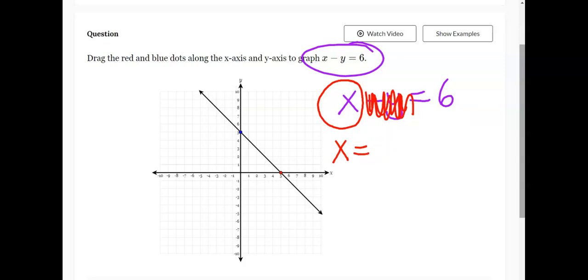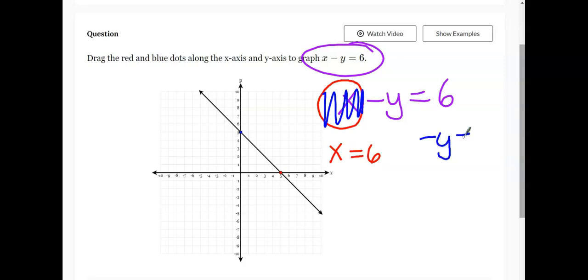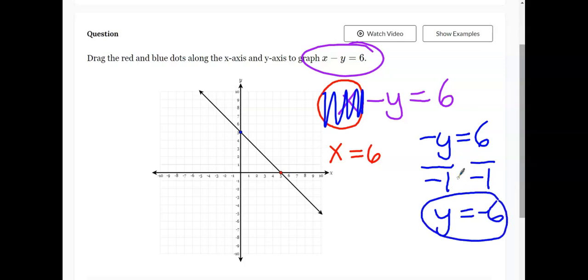And then for the other one, you're going to ignore the x value, and you're going to write the equation for y. Now sometimes you'll have coefficients in the front, like this one here has an invisible -1. So you need to get the variable by itself, but these two are your intercept points.